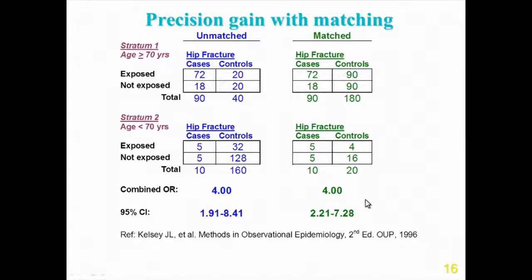We've got a more precise measure, even though the odds ratio itself is exactly the same. This just illustrates, using exactly the same number of controls in the two groups, how making it more balanced in terms of an important confounding factor can actually improve the precision of your results.